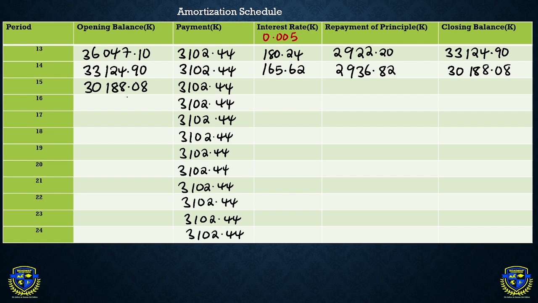So multiplying this by 0.005, we're going to have an interest of 150.94. Okay, 150.94.